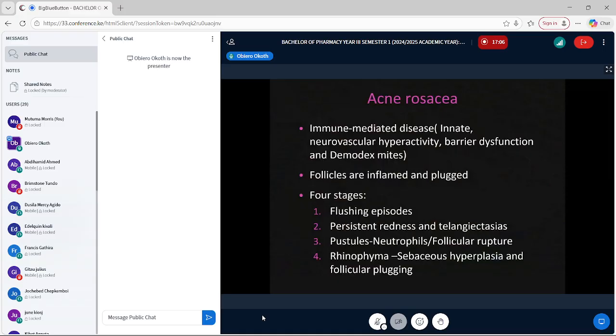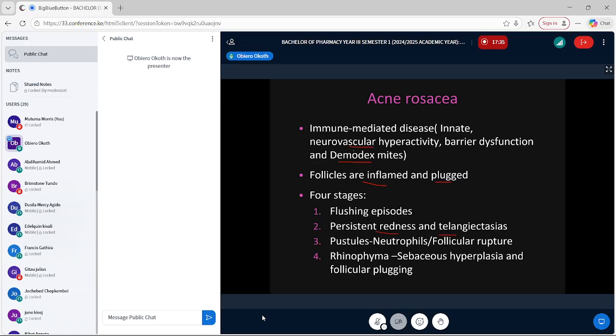Okay, acne vulgaris. Acne rosacea is different. This is most likely immune mediated, either from an innate defect or neurovascular hyperactivity, or some other dysfunction. I think it could also be from the mites that are normally present, which are inflamed because of neurovascular hyperactivity.